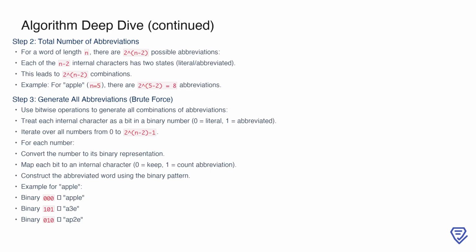For example, the binary representation 000 translates to the full word apple, while 101 maps to a1l1e, where the first and third internal characters are abbreviated. Similarly, 010 corresponds to ap1le, where only the second internal character is abbreviated. This systematic approach ensures that every possible abbreviation is explored.